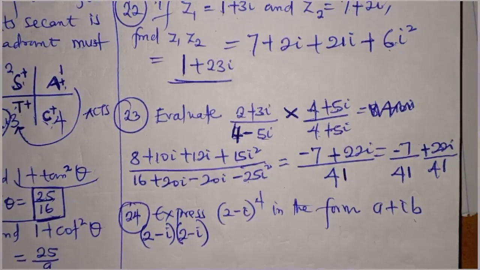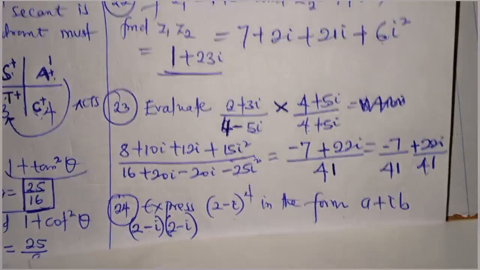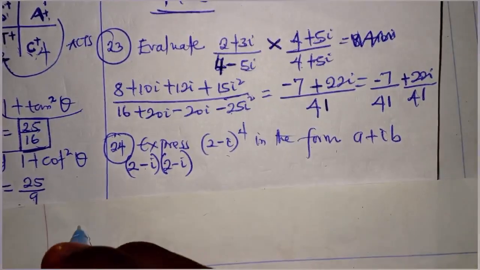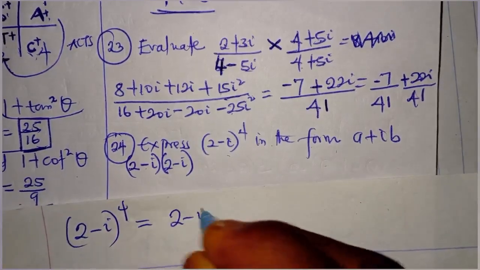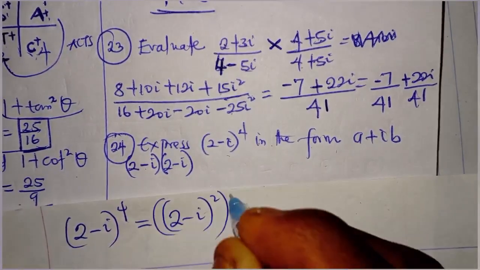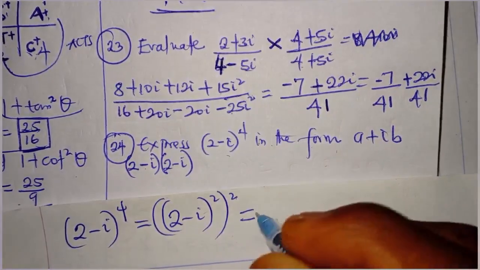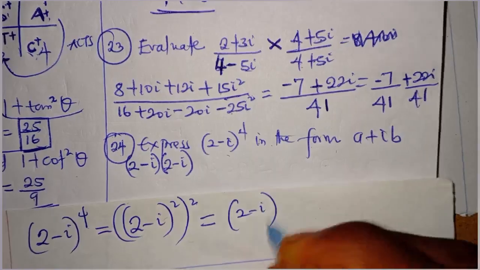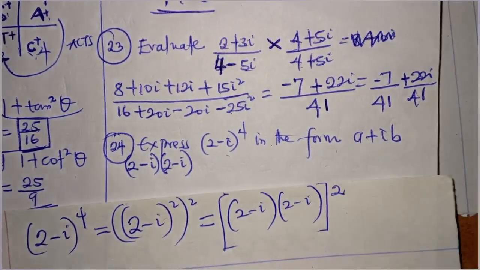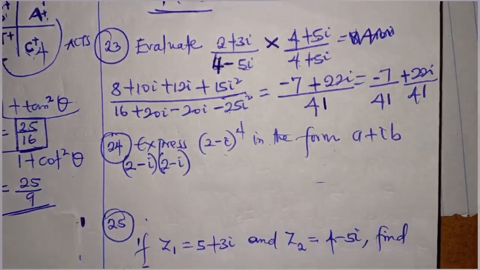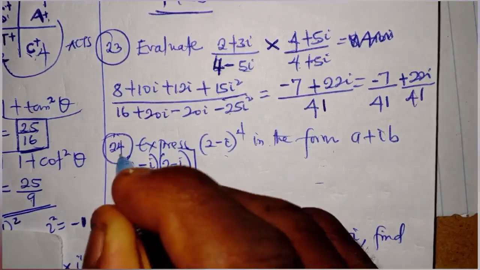Do you agree? 2 minus i to the power of 4 is the same thing as 2 minus i all squared, all squared. So if I expand the one inside, it will be (2 minus i)(2 minus i), then everything is still carrying a square.